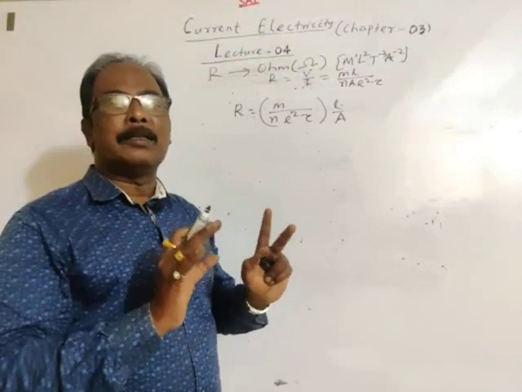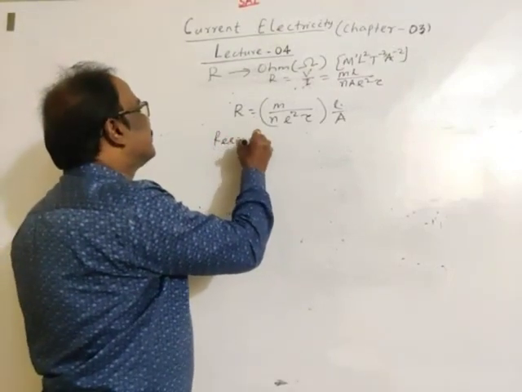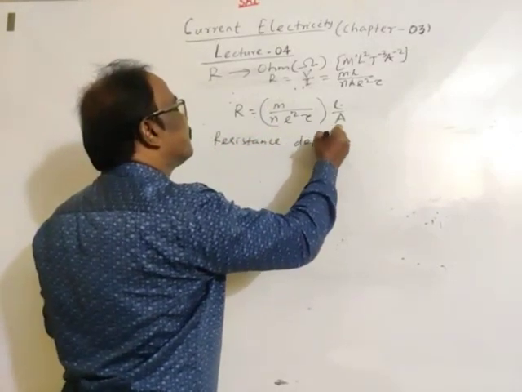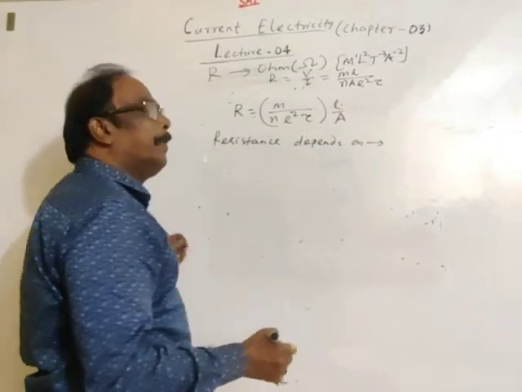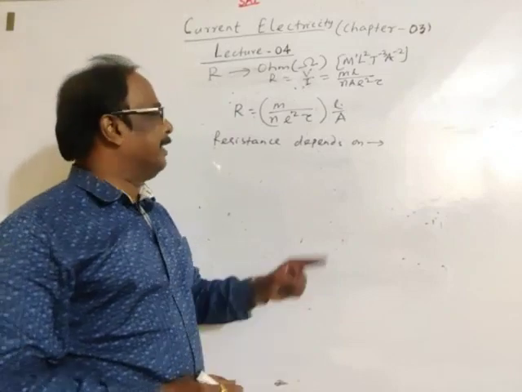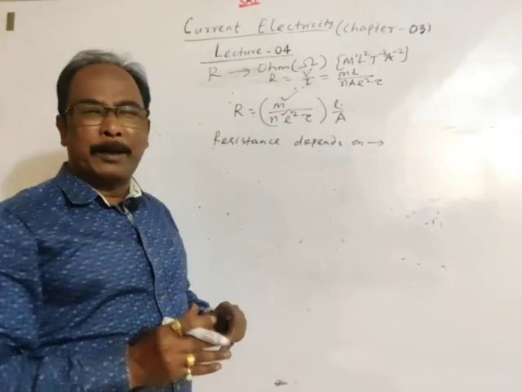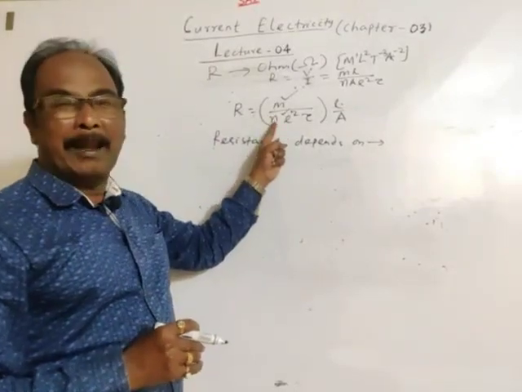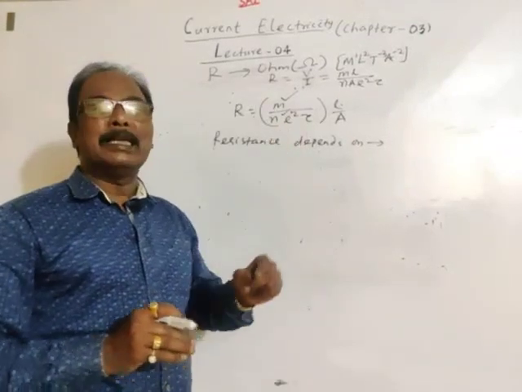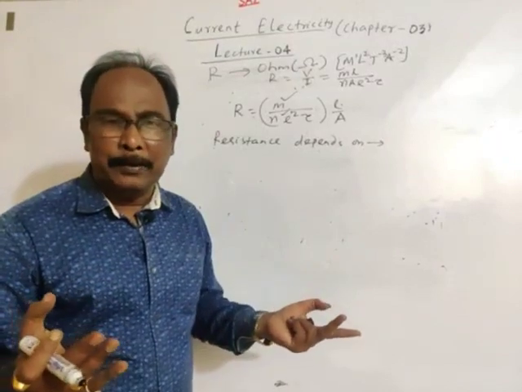Then resistance depends upon which factors? Very important. We'll have numericals depending upon this theoretical concept. M is the mass of electron, e is the charge of electron; these are constant factors. Then n is the number of free electrons per unit volume, the number density of free electrons.